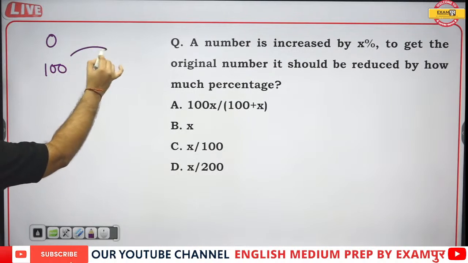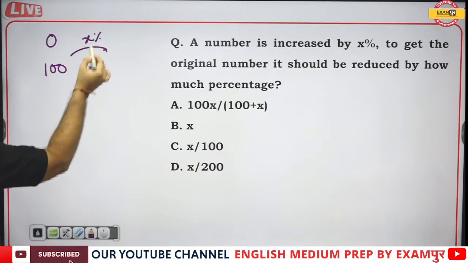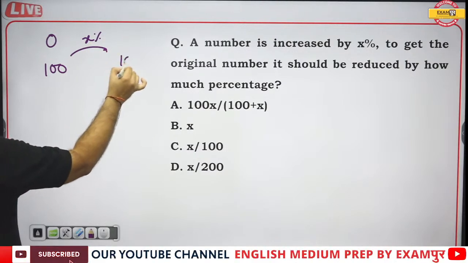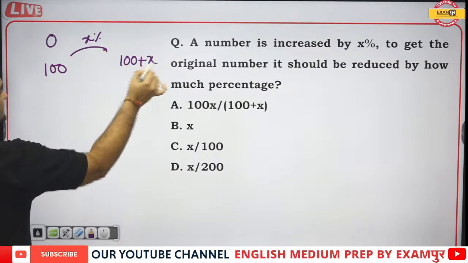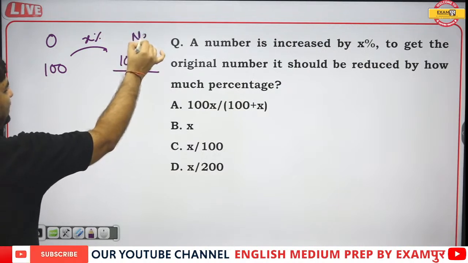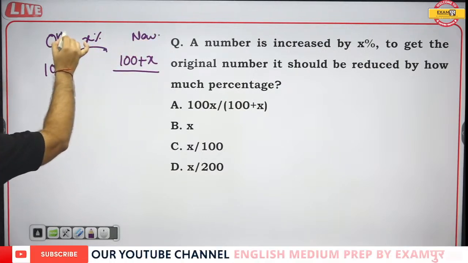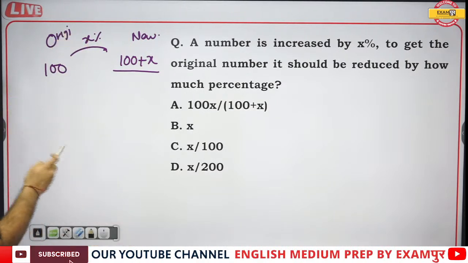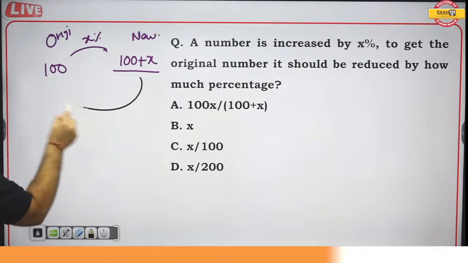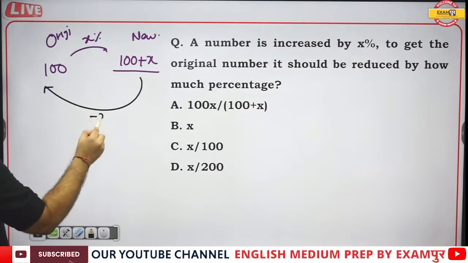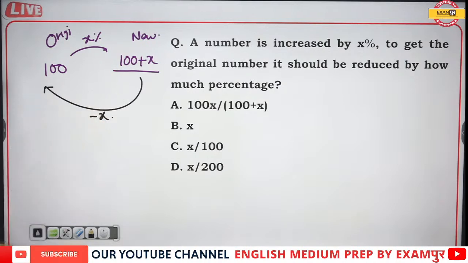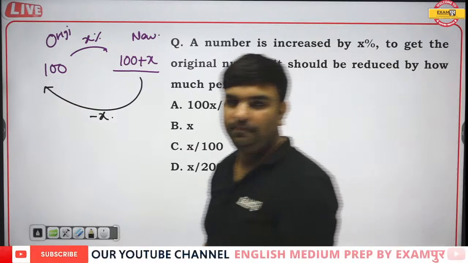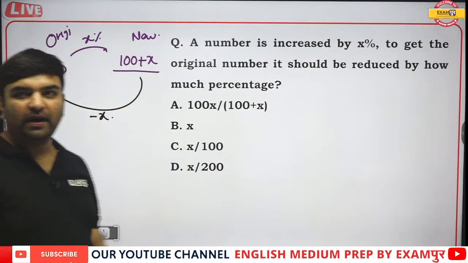If you increase it by X%, an increment of X% over 100 is an increment of X. So the new number will become 100 plus X. To get back to the original number, it should be decreased by X.